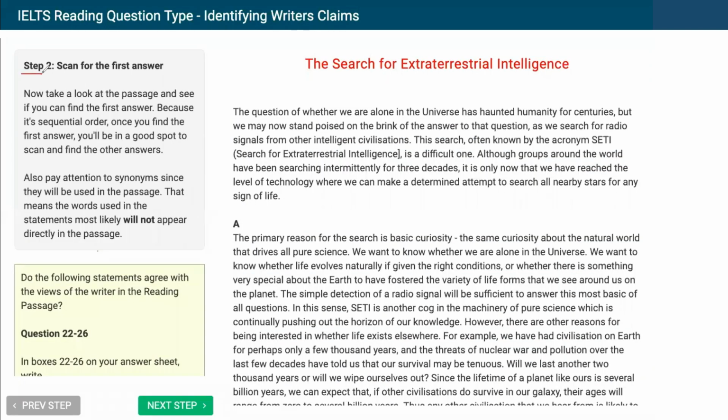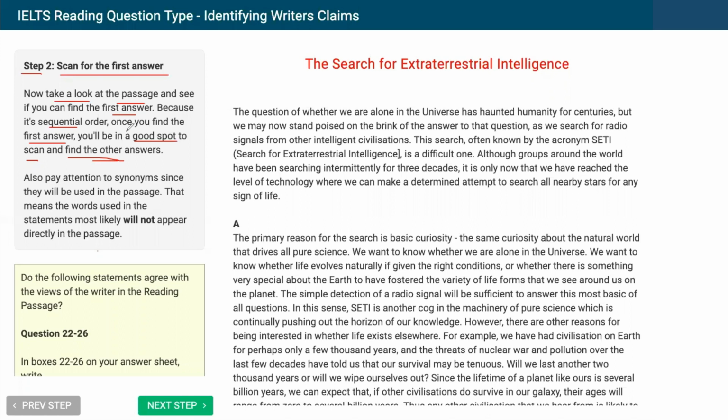And here we are, step 2, scan for the first answer. So we're going to remind ourselves of our first question in just a little bit. And after we do that, we're going to take a look at the passage and see if we can find the first answer and set up a benchmark for the rest of our answers, because it's sequential order. So once we find the first answer, we'll be in a very good spot to scan and find the other answers.